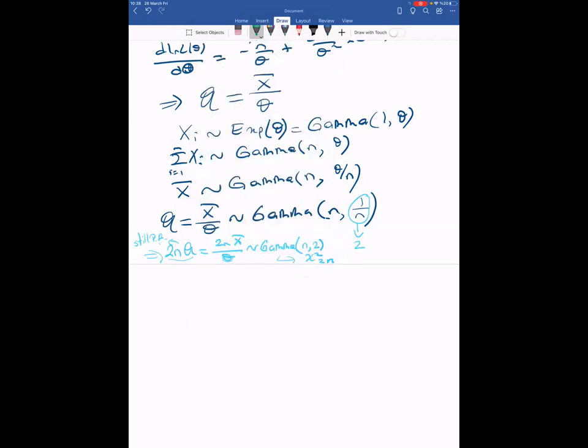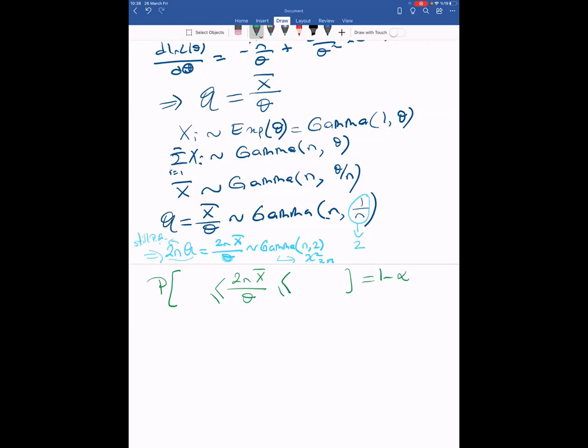Okay, then the third step is finding the upper and lower bound. So consider the probability of this. We have 2n x bar over theta, our pivotal quantity. We want this probability to be 1 minus alpha. For the chi-square distributed random variable, as we already showed for the normal distribution, it is similar.